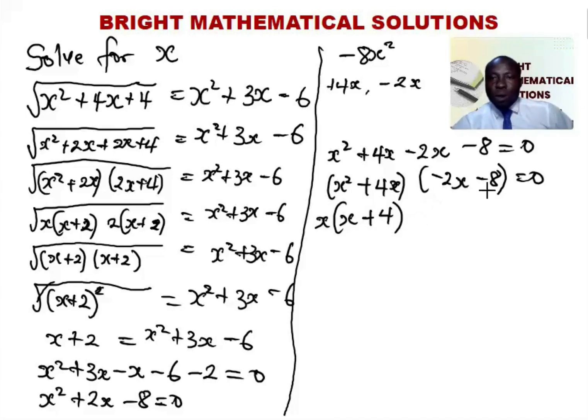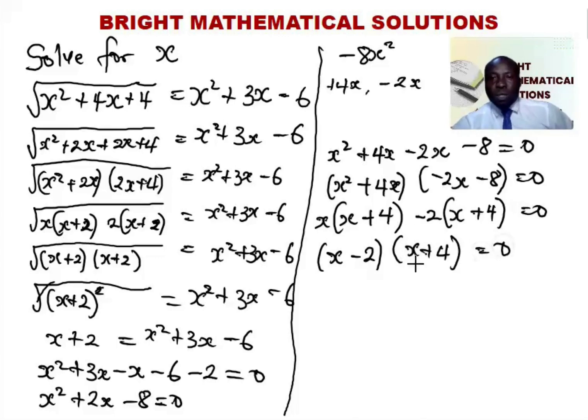From the last two terms we can also factor out minus 2, such that we have x plus 4. Since x plus 4 is common to the two, we bring them together such that x minus 2 and x plus 4 becomes our expression.